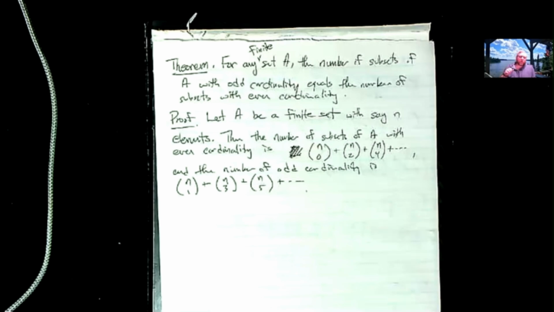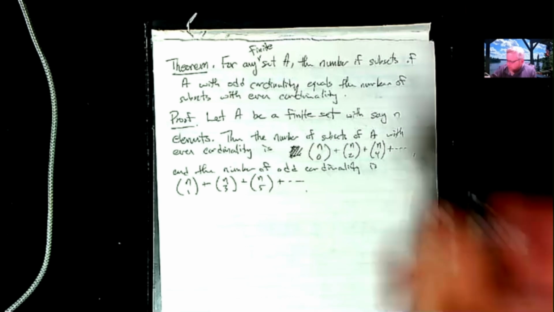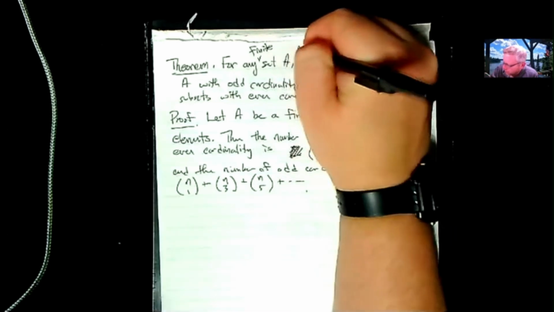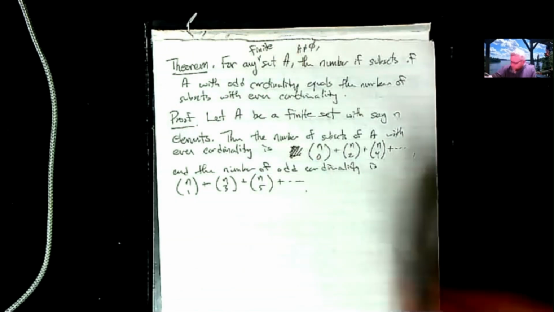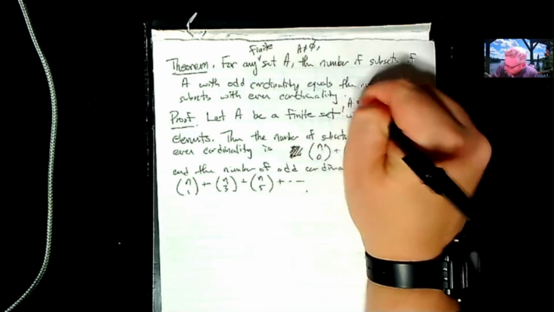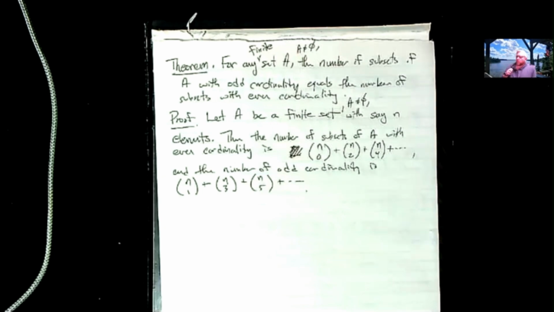Okay, so I guess I have to throw that out as an option. The empty set is the only set that fails in that example. So we just remove it from the theorem. For any finite set A where A is not the empty set, the number of subsets of A with odd cardinality equals the number of subsets of even cardinality. Good thing to notice, Mark.